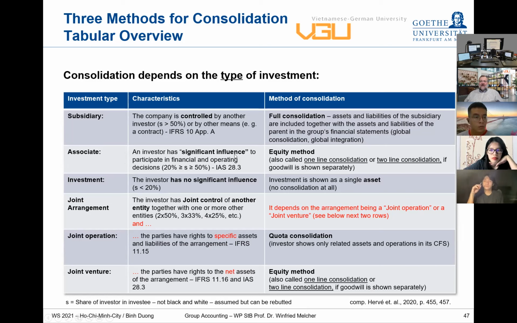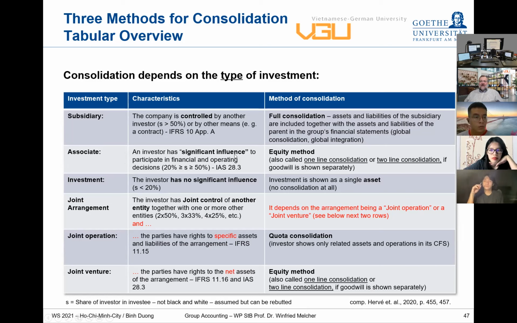So structured entities which are controlled also have to be consolidated. Accordingly, the assets and liabilities are recognized in the consolidated statement of financial position. Yes, and I think that is clear. What comes next?